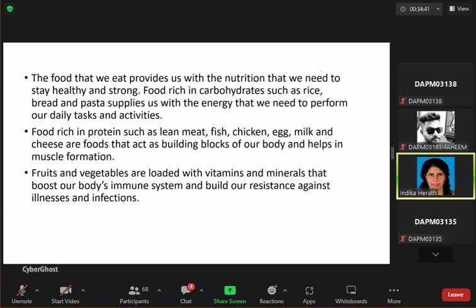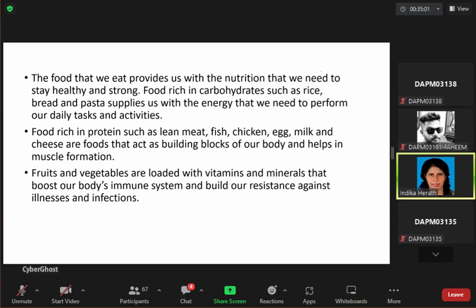Especially the rice. Rice is a common component of many of our food plates. It contains carbohydrate, so it provides us carbohydrate.